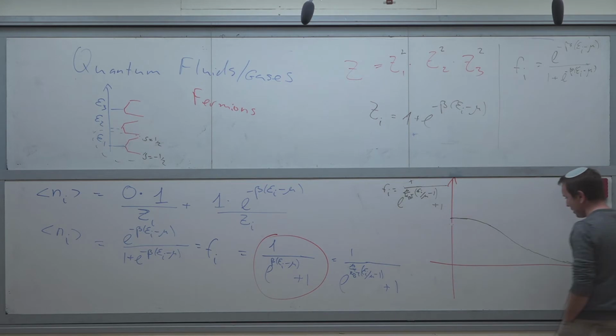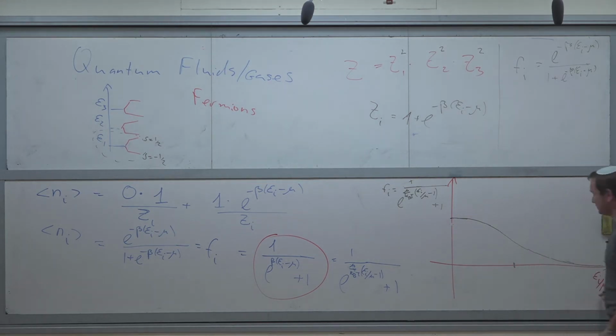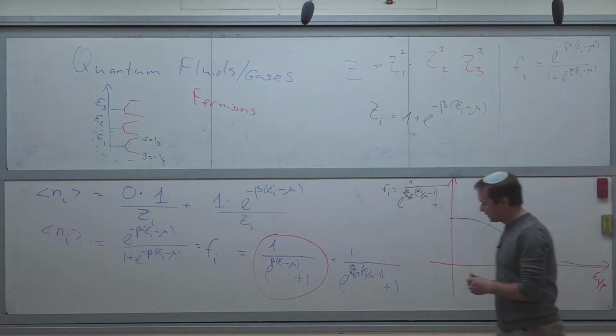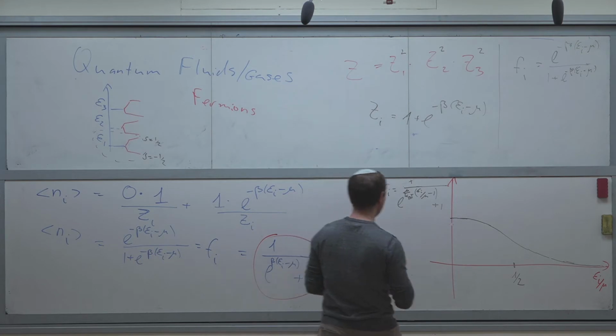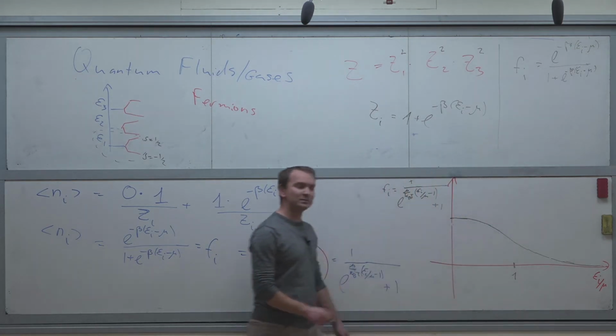0. An interesting point is the point where epsilon divided by mu equals exactly 1. Why is it interesting?